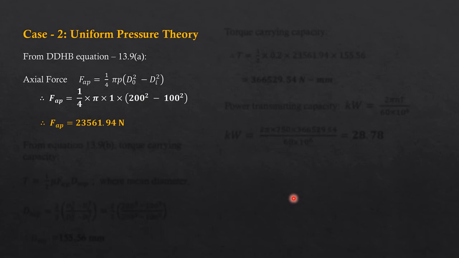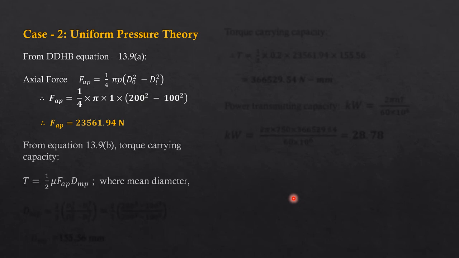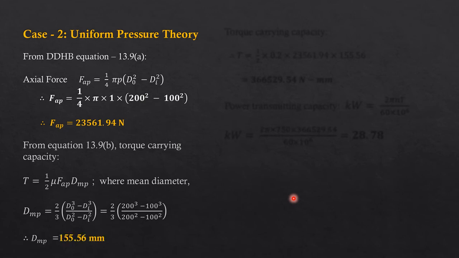So we can solve for the torque now, and torque we know from formula 13.9b is basically force into a radius. We also need to take the friction force into account here, and the mean diameter you will get from the same 13.9b formula here. Now remember, we had derived this formula in the previous video. Solving for the mean diameter, we obtain it as 155.56 millimeter.